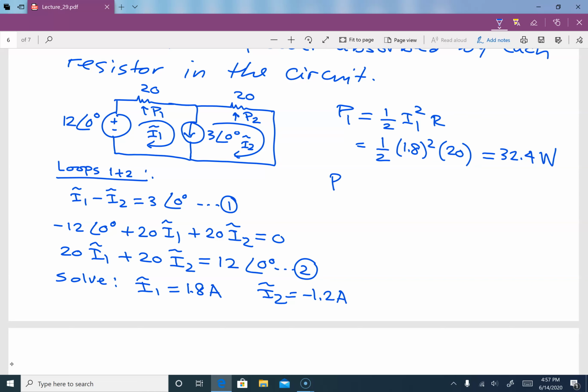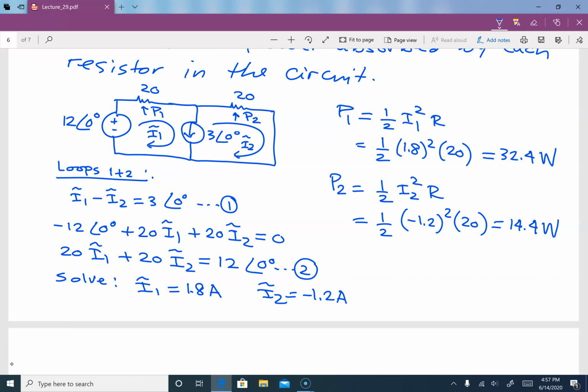And the other one is P2, 1/2 I2 squared times R. So 1/2 I2 is negative 1.2 squared and R is 20. And the answer over here is 14.4 watts.